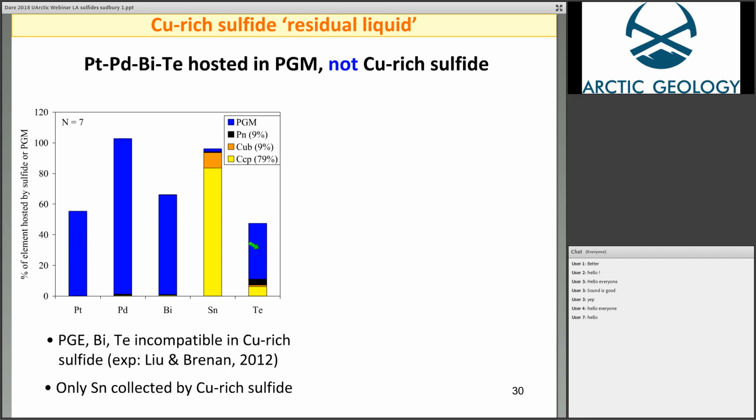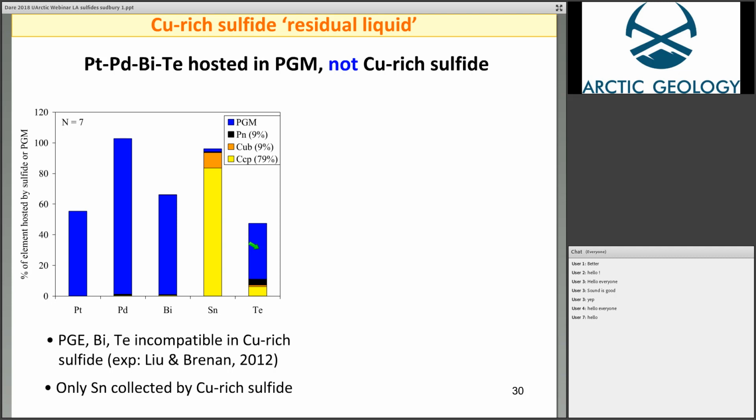Instead, in blue, these are the platinum group minerals. So this time I was actually able to semi-quantitatively determine, from the sizes and the type of platinum group minerals, how much PGE they contain in the samples. So you can see the importance of PGM in hosting the PGEs in these copper-rich ores.